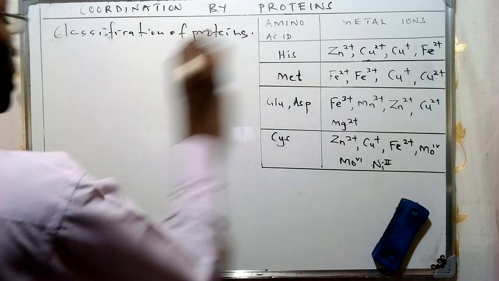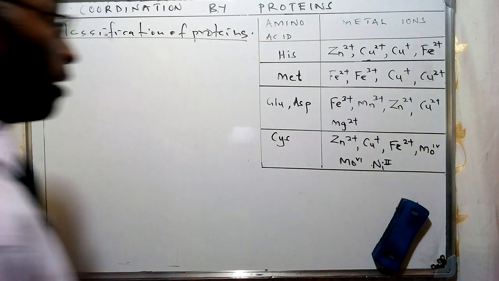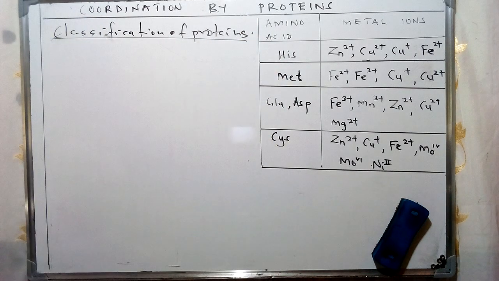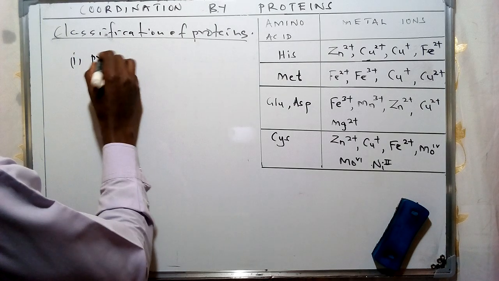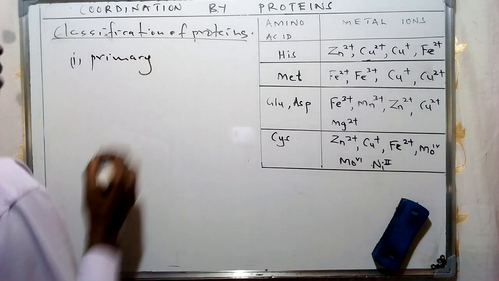This is going to assist us in identifying which kind of ligands this specific type of proteins are going to be coordinating with in order to form these coordination complexes. And we shall have this specific example of primary proteins.